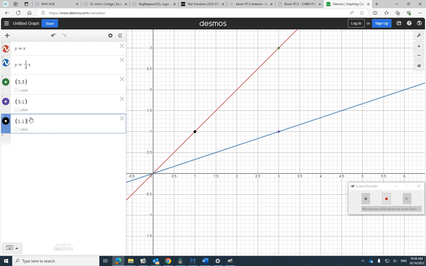Is the blue line a vertical compression factor 1/3, or is it a horizontal stretch factor 3? Which way works? The answer is both. Lines are weird. They can be thought of either way. They're too simple for this procedure. There's nothing crazy about them, so they're like, yeah, whatever you want, it's fine. It's the same either way.